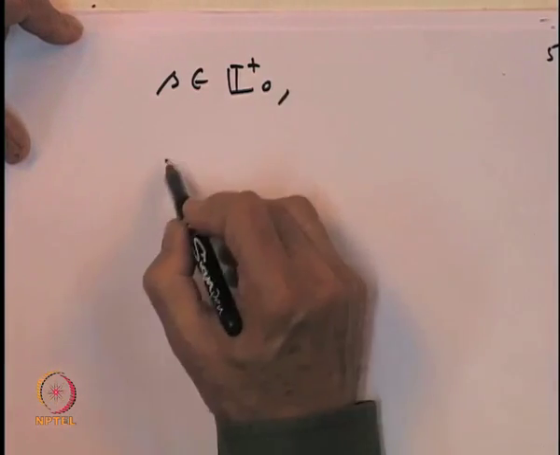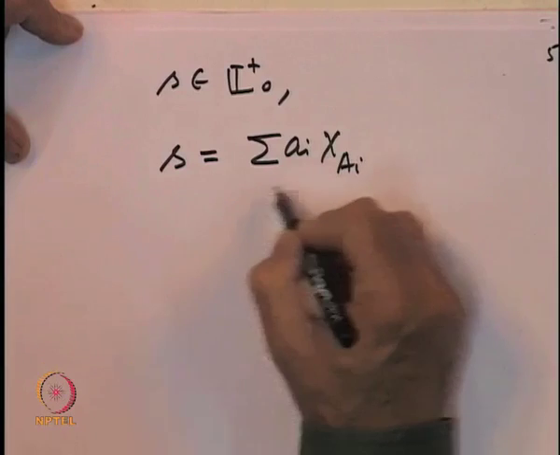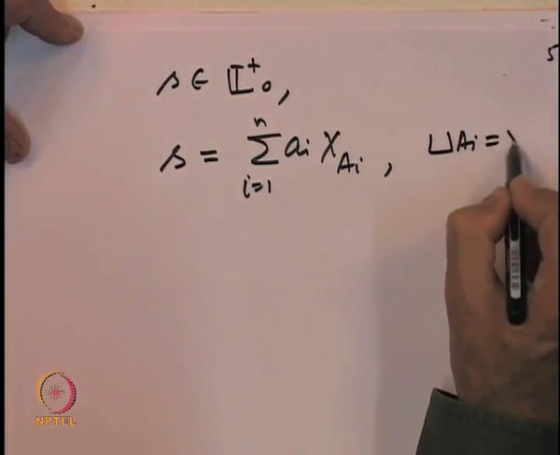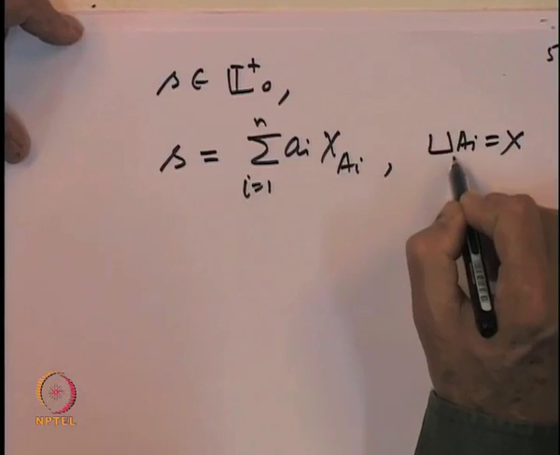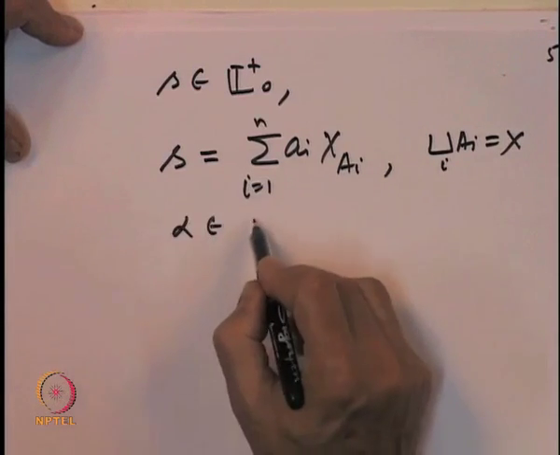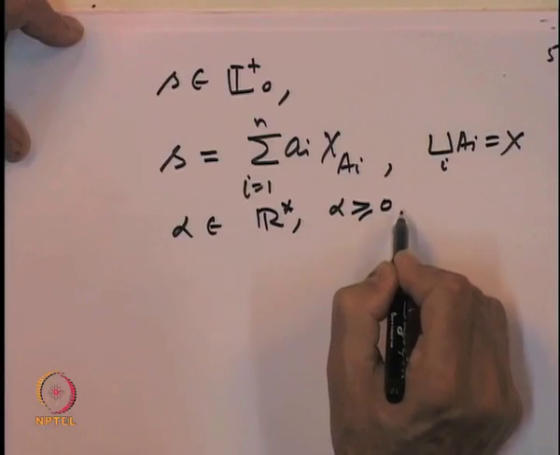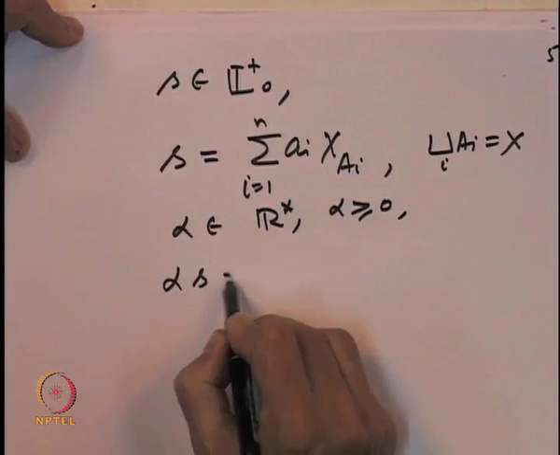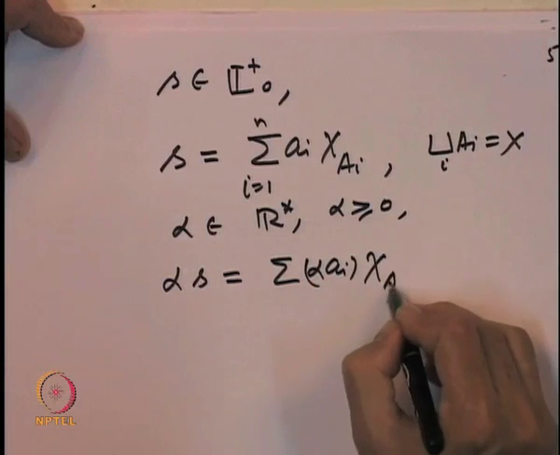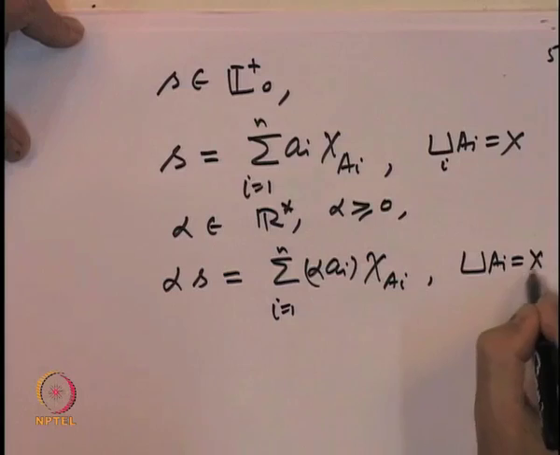So, let us write s is equal to sigma a_i, indicator function of A_i, where union A_i is equal to X. Whenever it is a partition, we will write it as this square bracket union over i equal to X, and alpha is non-negative, alpha belonging to R star, alpha bigger than or equal to 0. Then alpha s has the representation alpha a_i chi of A_i, and the A_i's are still a partition of X.